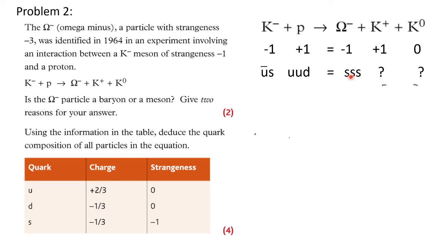Then we need to have the quark composition of K plus and K0, right? So what should we do next? We get the total quark combination on the left side. One U bar cancels out with U, then the quark composition on the left side is S U D, and the right side should also be S U D. Now here there is one S remaining, so one of these should be S bar, because only one S is remaining.